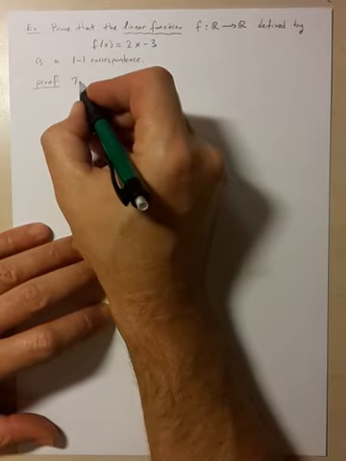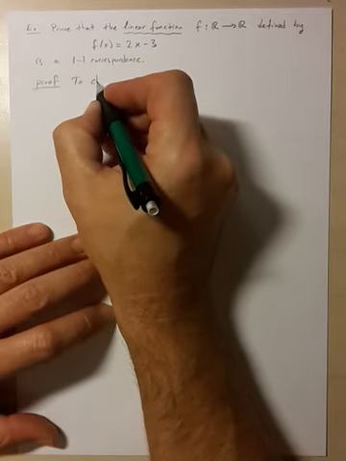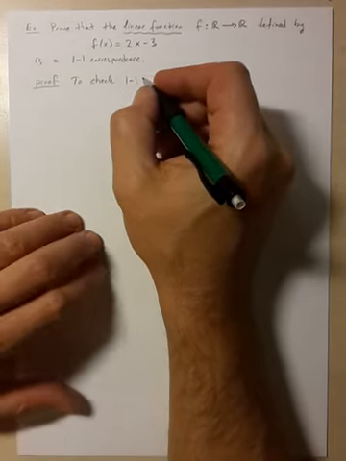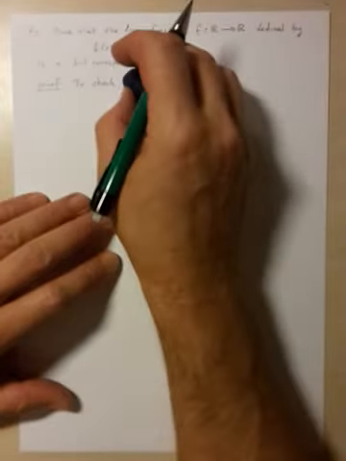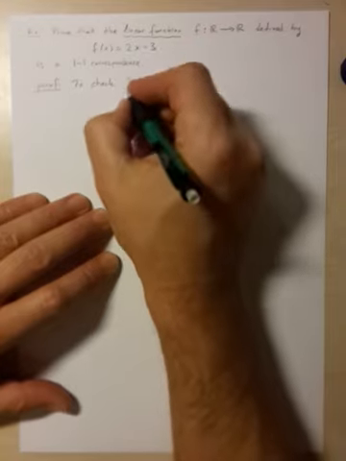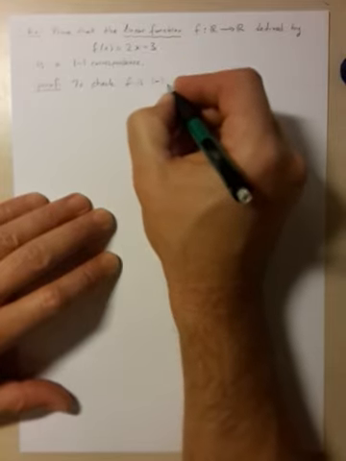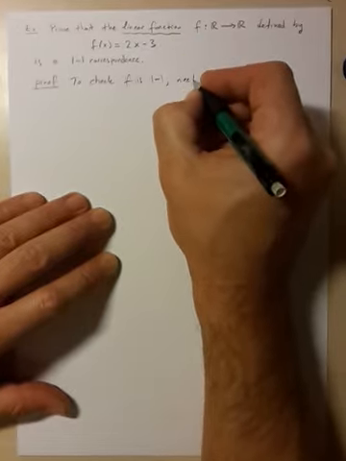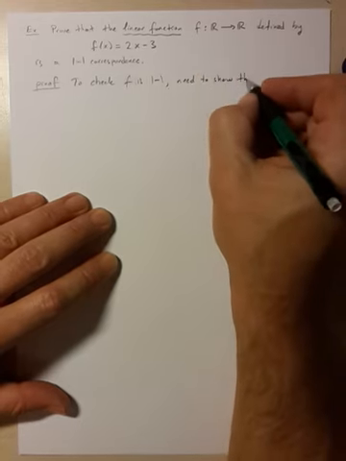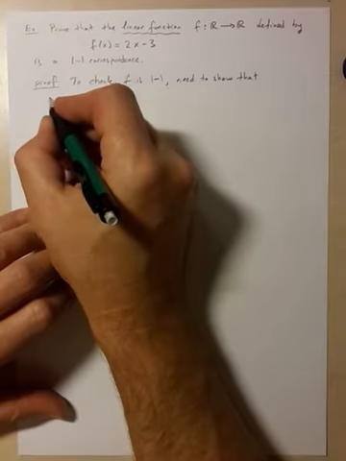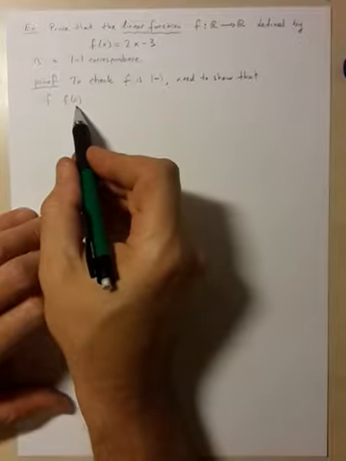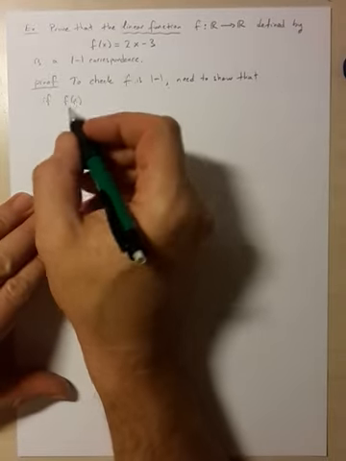To check f is one-to-one, we need to show the following. Remember the contrapositive, right?